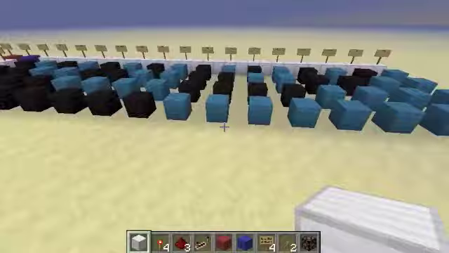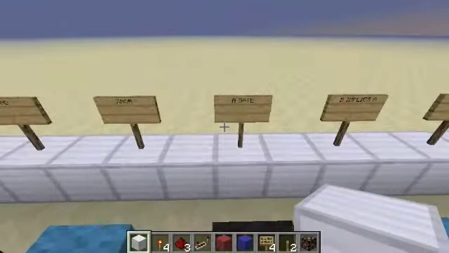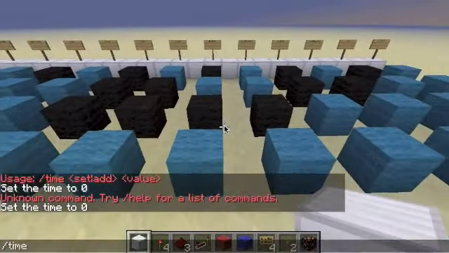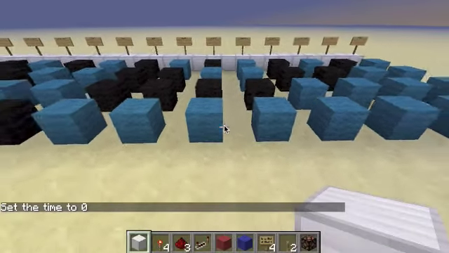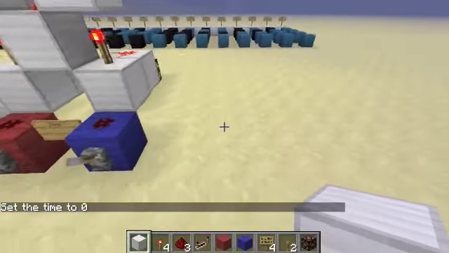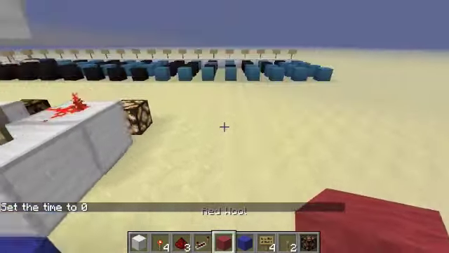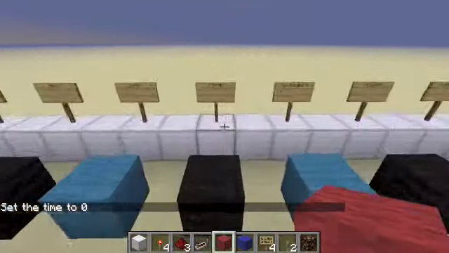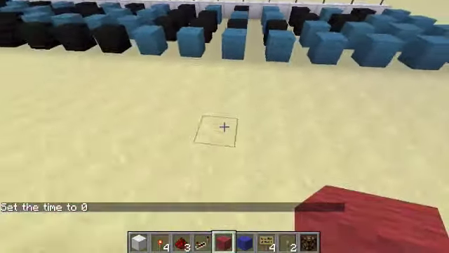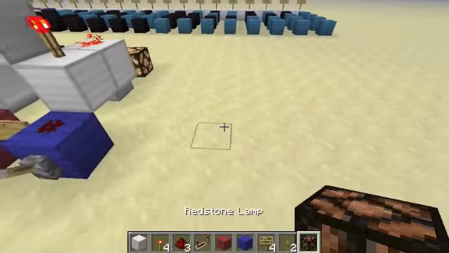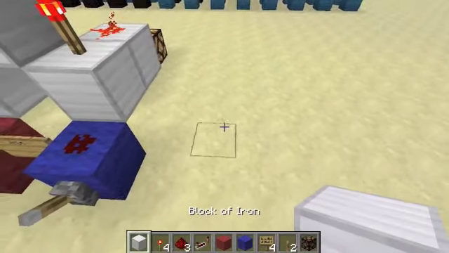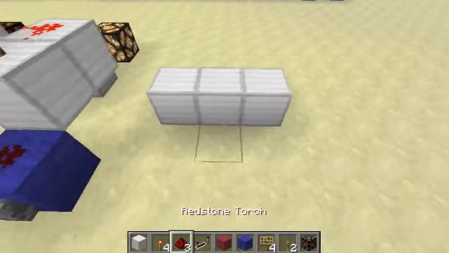Next gate. That is going to be the A gate. It's only true when A is on. So we're going to use some zeroing again. And this gate is, again, very simple.